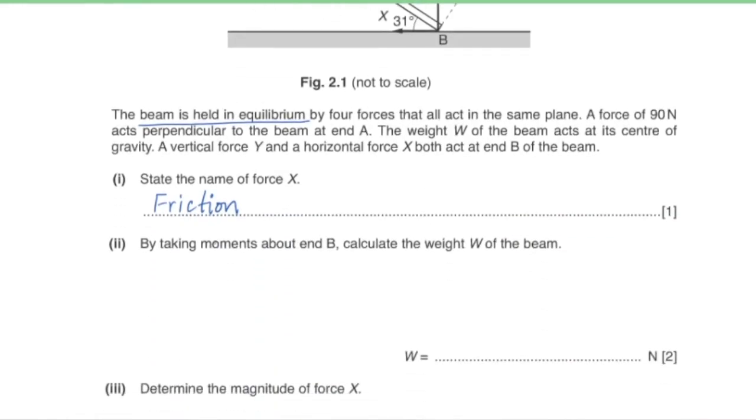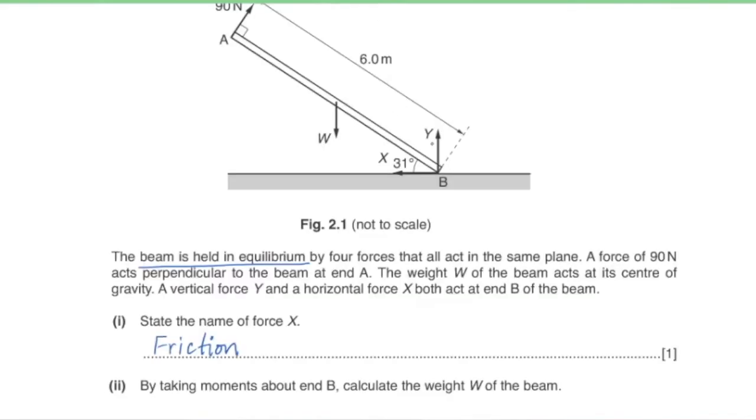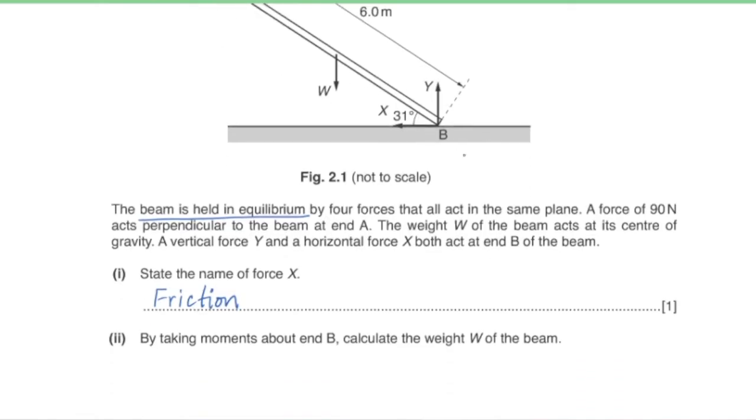So the rule is that total clockwise moment should be equal to total anti-clockwise moment. Total clockwise moment is going to be due to force 90 newtons. So force multiplied by perpendicular distance between B and that force. So 90 newtons to this dotted line is 6 meters, that is point B. So 90 into 6. This should be equal to total anti-clockwise moment.